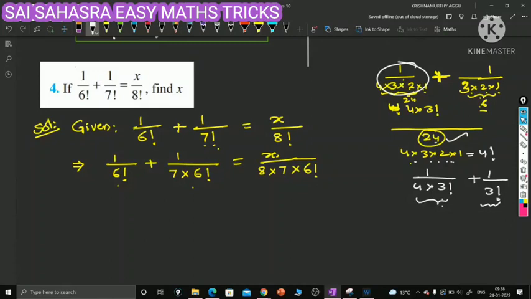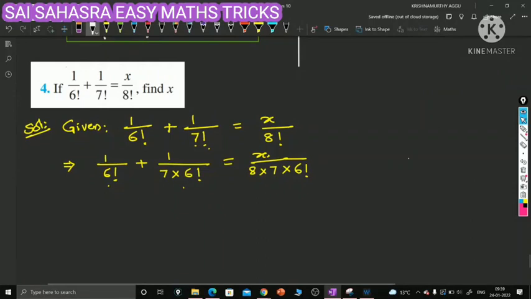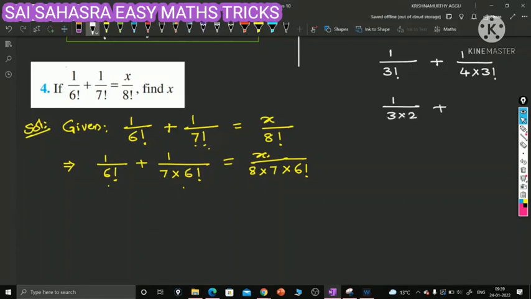Let me explain it like this. Whenever you have 1 by 3 factorial plus 1 by 4 into 3 factorial, for example, 3 factorial means 3 into 2, and 4 into 3 factorial means 4 into 3 into 2 into 1.